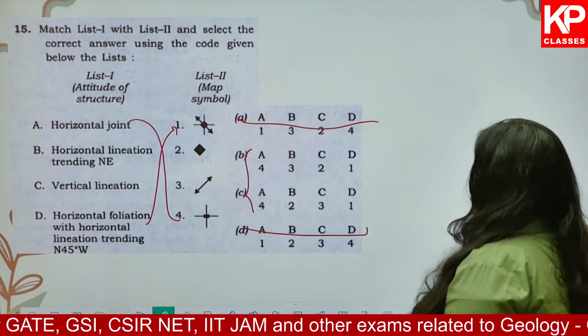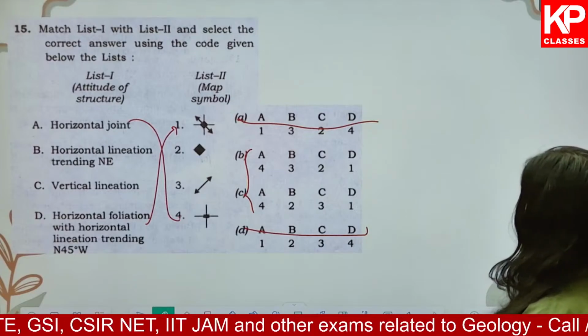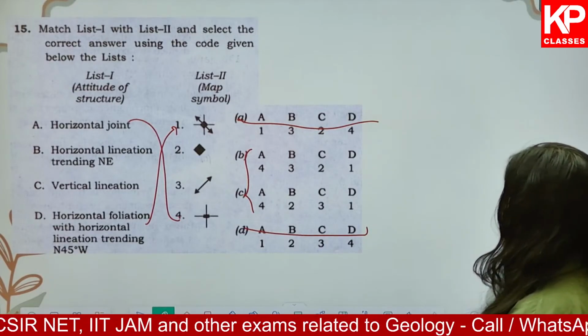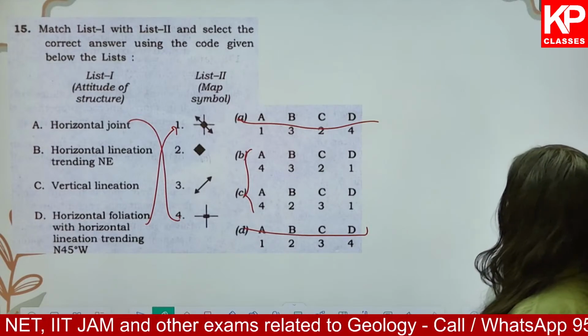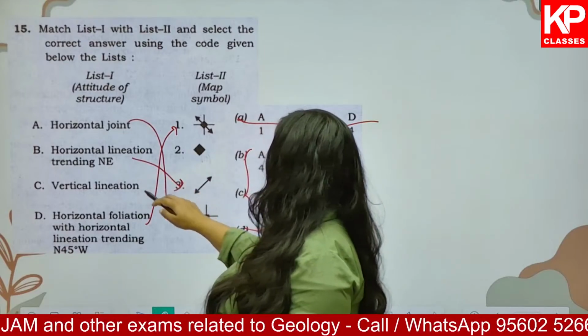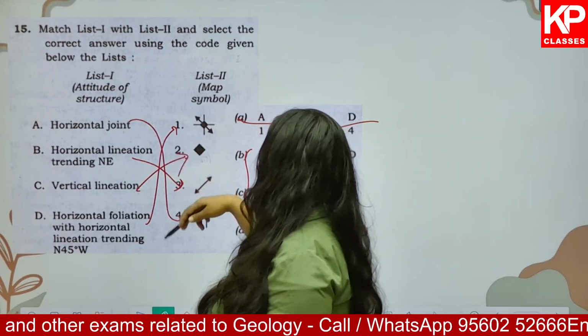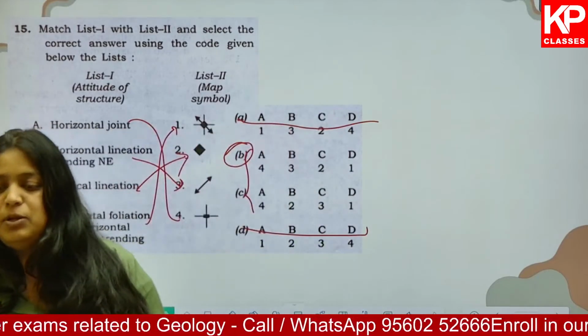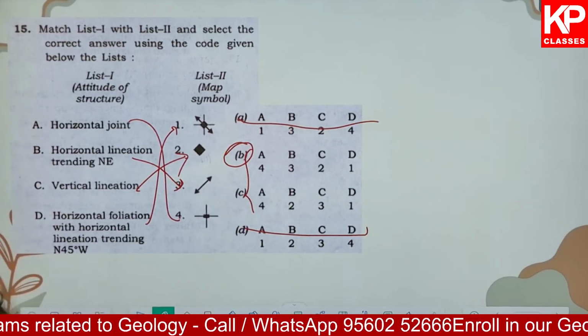Then there is horizontal lineation trending northeast and vertical lineation. How will vertical lineation and horizontal lineation be represented? Horizontal lineation will be represented like this, vertical lineation will be this. So the answer will be B. Okay.